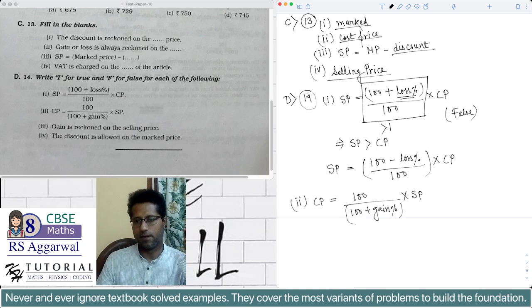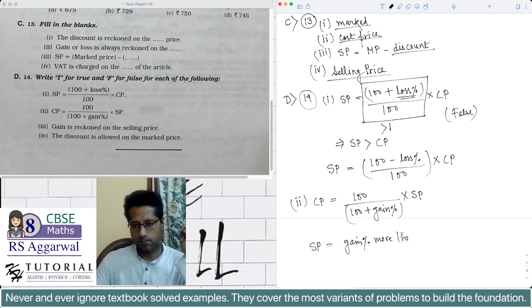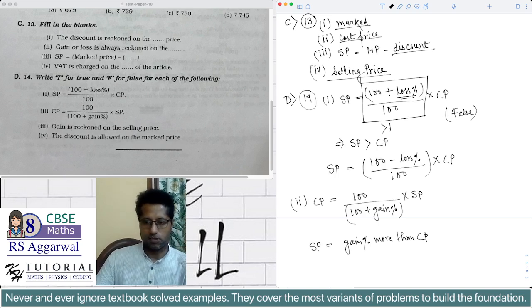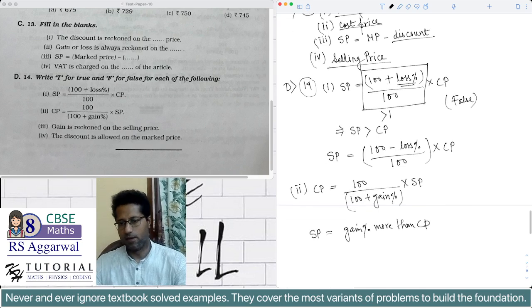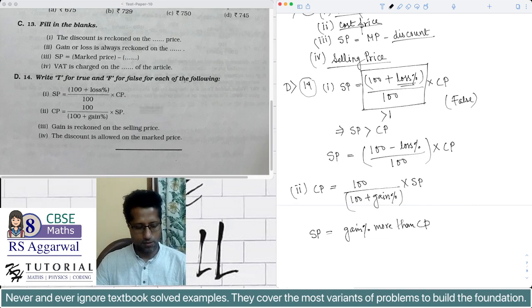If there is a gain, we know that the selling price will be gain percent more than CP. Now instead of remembering all these formulas, always try to go by the basics, the fundamental concepts. If the gain percent is given, obviously the selling price has to be gain percent more than CP.